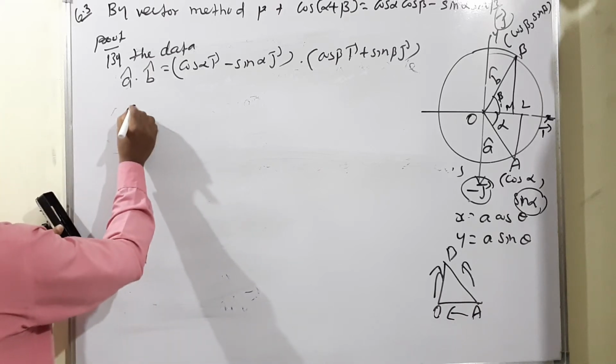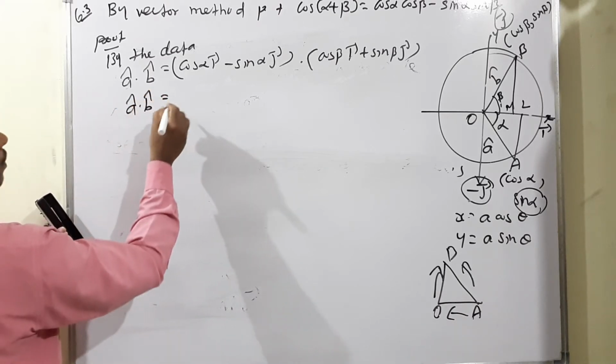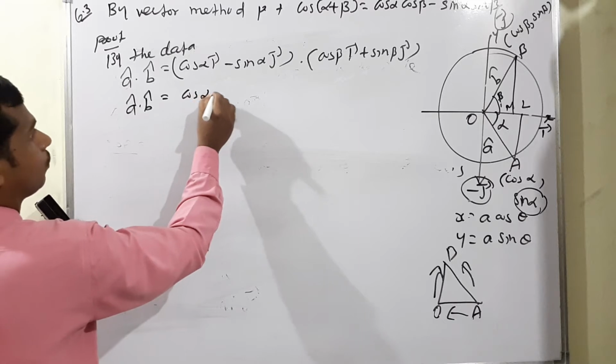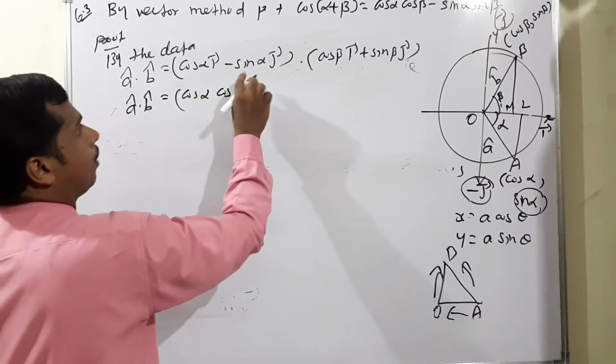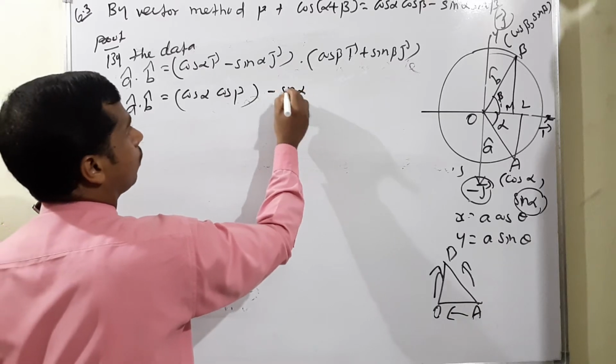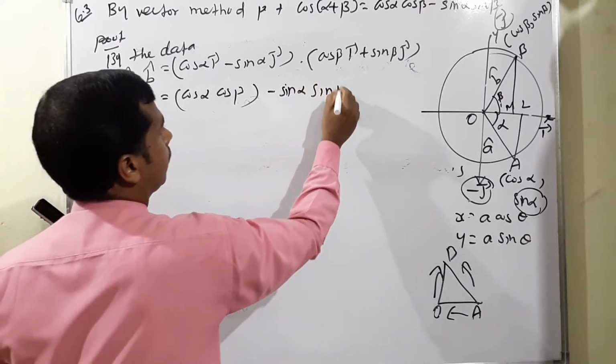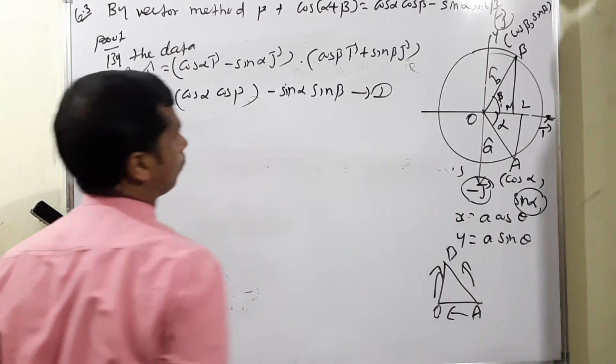After simplifying, A cap dot B cap is equal to cos alpha cos beta minus sin alpha sin beta. This is equation number 1.